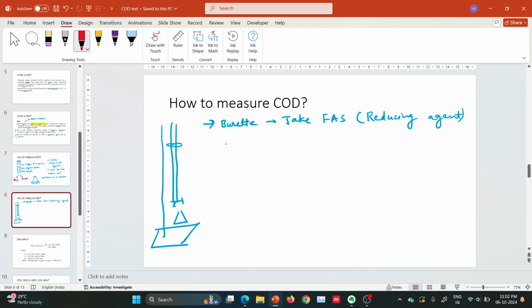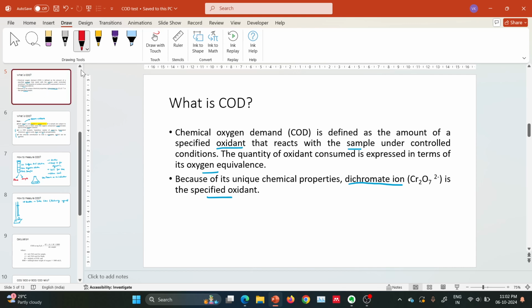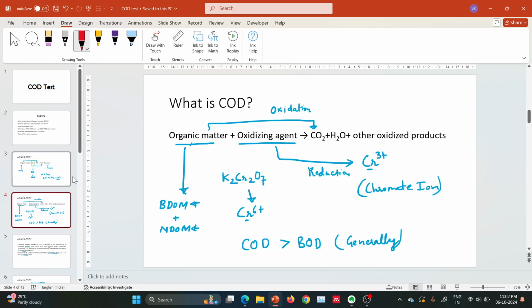There are two reactions that we need to learn. The organic matter is oxidized, and during oxidation the plus 6 chromium ion is reduced.